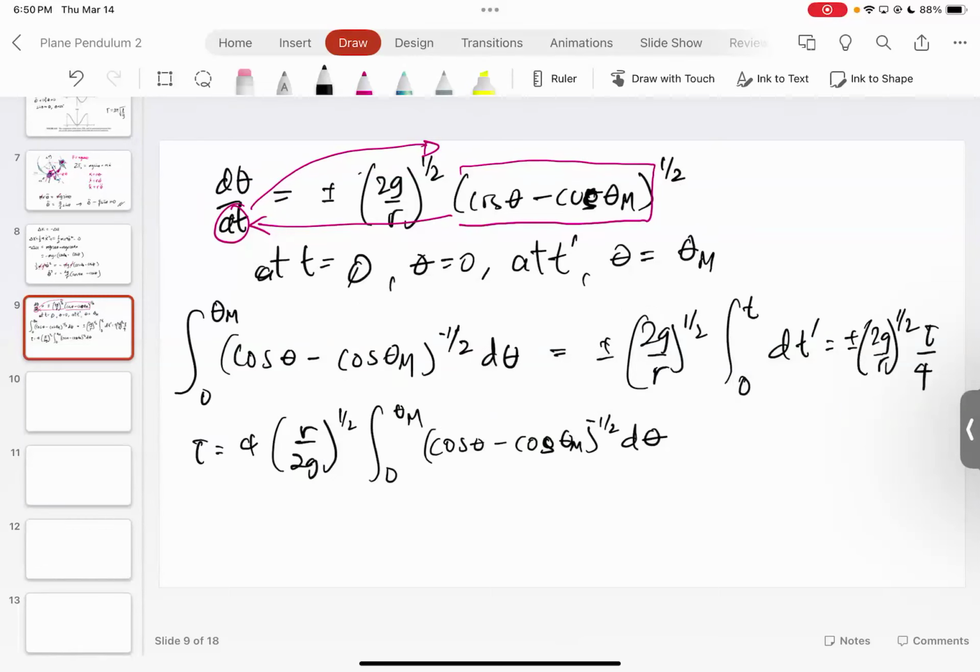Okay, so we're going to use the trigonometric identity cosine of x is equal to 1 minus 2 sine squared x over 2, to rewrite the integral. So this, we replace with 1 minus 2 sine squared theta over 2, and this with 1 minus 2 sine squared theta sub m over 2.